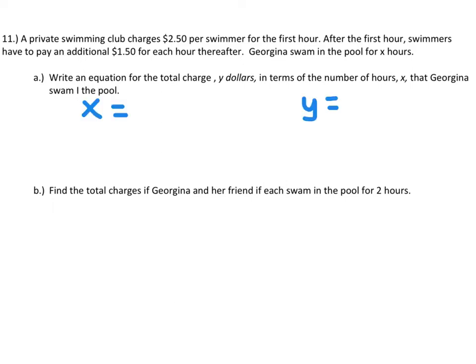So let's define the variables first. X is going to be hours. And Y is going to be the dollars. Now we need to think what values we have here. It's going to be $2.50 for the first hour, and then $1.50 for each hour thereafter.